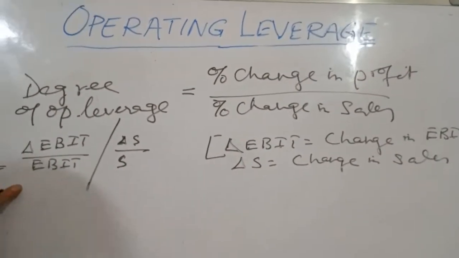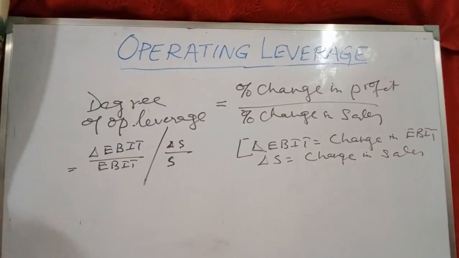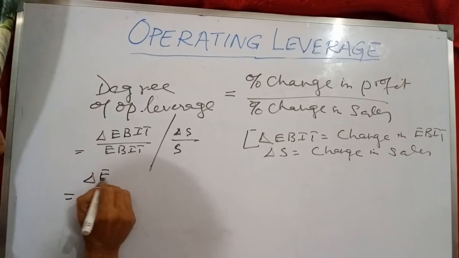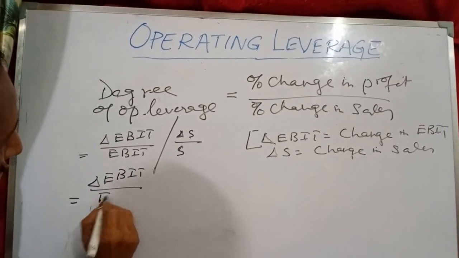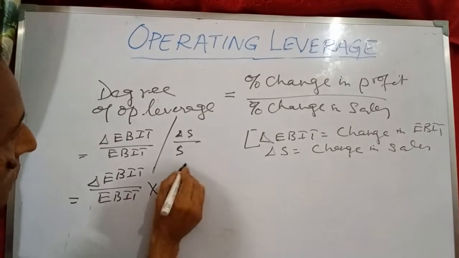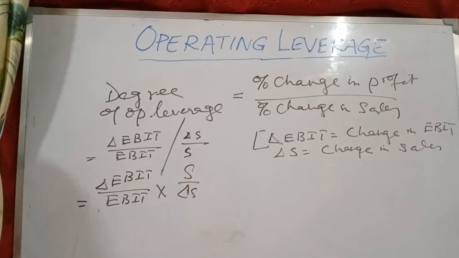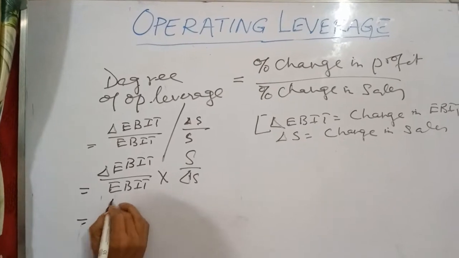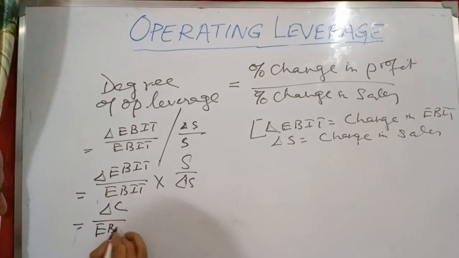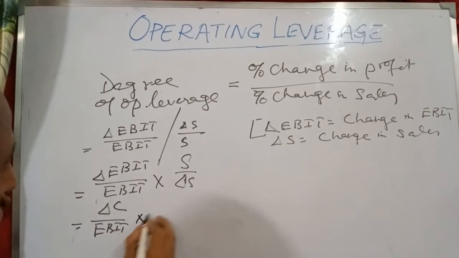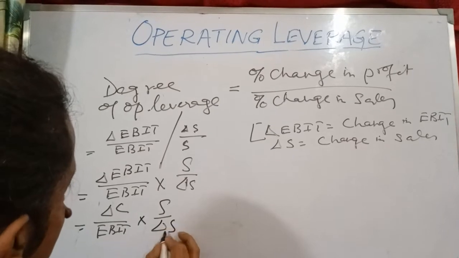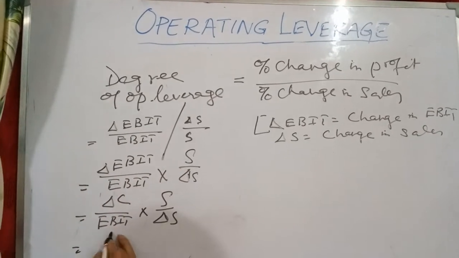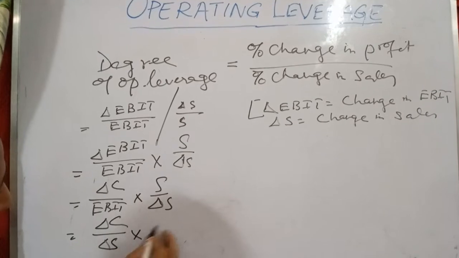Delta EBIT by EBIT divided by delta S by S is equal to delta EBIT by EBIT into S by delta S. This is equal to delta C by EBIT into S by delta S. This is equal to delta C by delta S into S by EBIT.